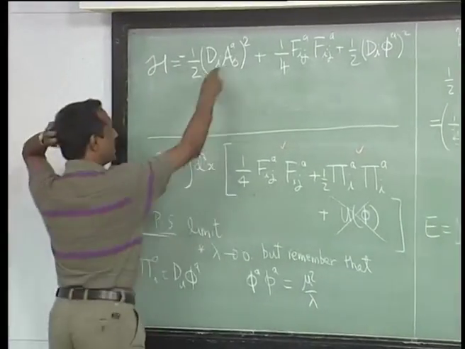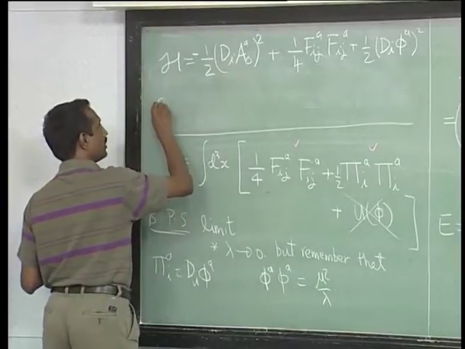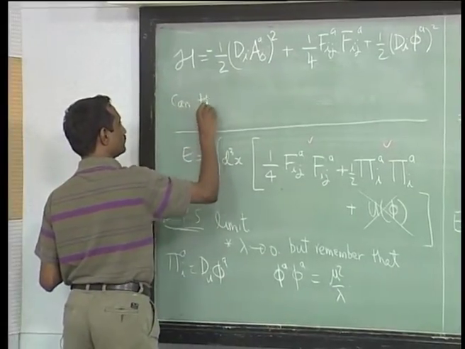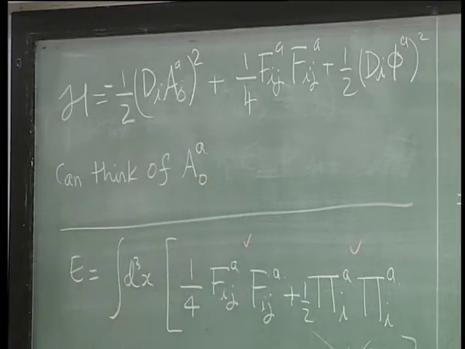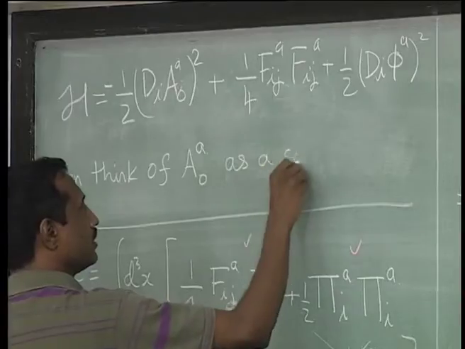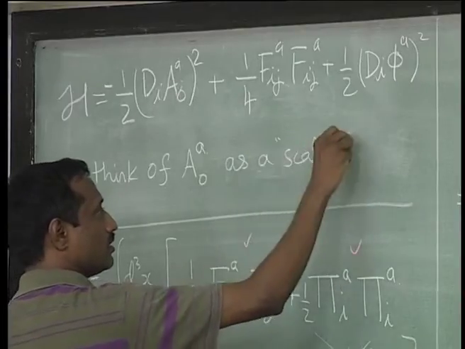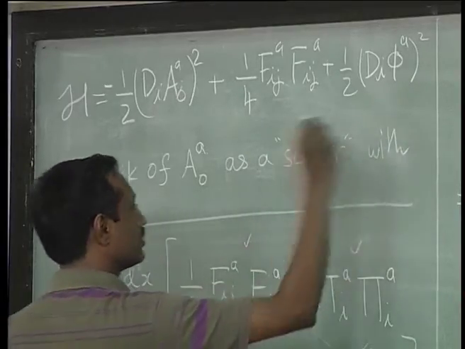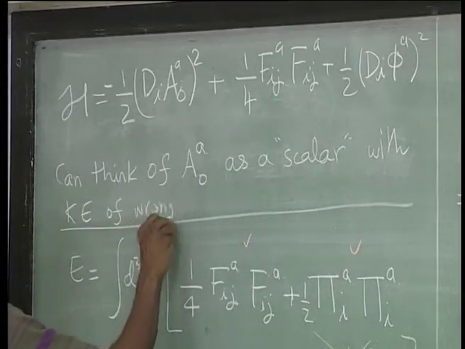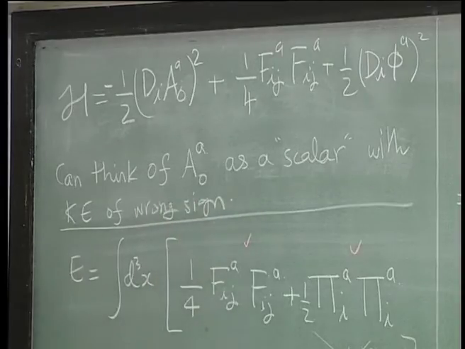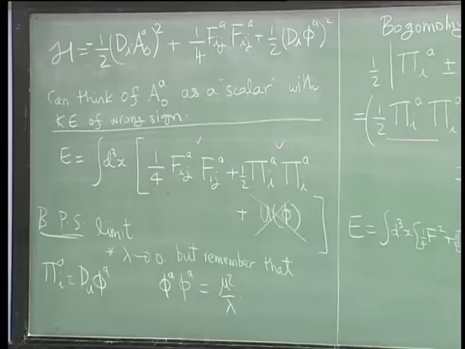In other words, I can think of A0^a as a scalar with kinetic energy of wrong sign. But in a sense this is expected, because this has to do with the signature of the metric in some sense. That is where it came from.